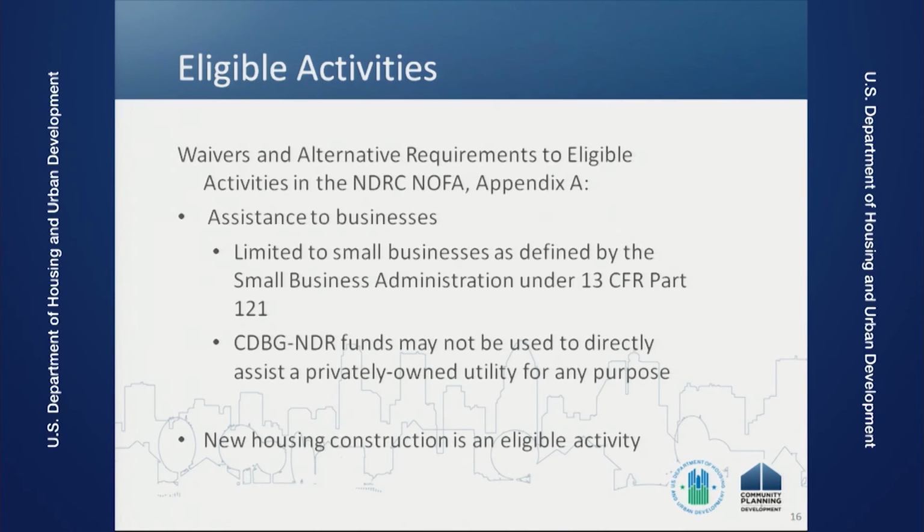Appendix A does, however, permit new housing construction as an eligible activity. Generally, under the CDBG program, new housing construction is permitted only in limited circumstances. So this is an example of an expansion of an eligible activity within Appendix A to the NDRC NOFA.